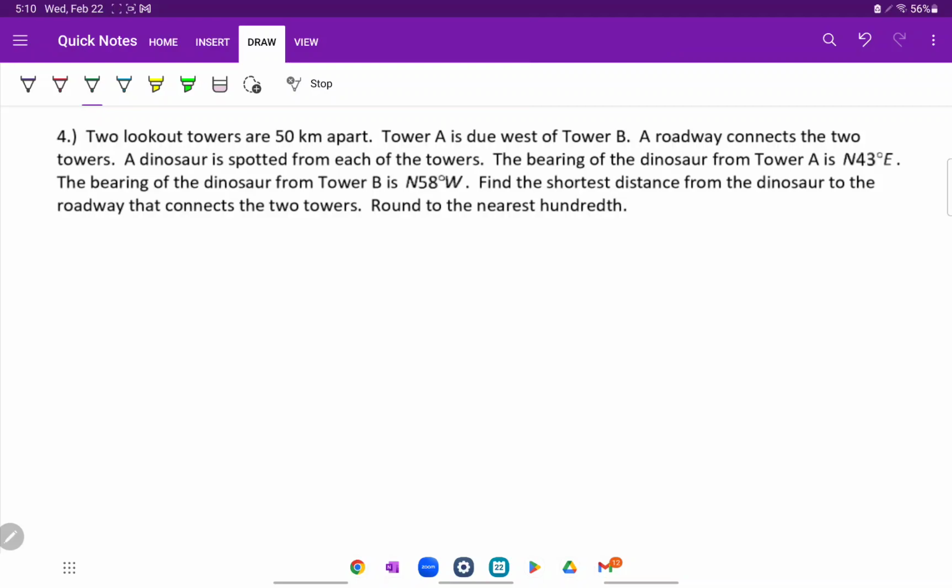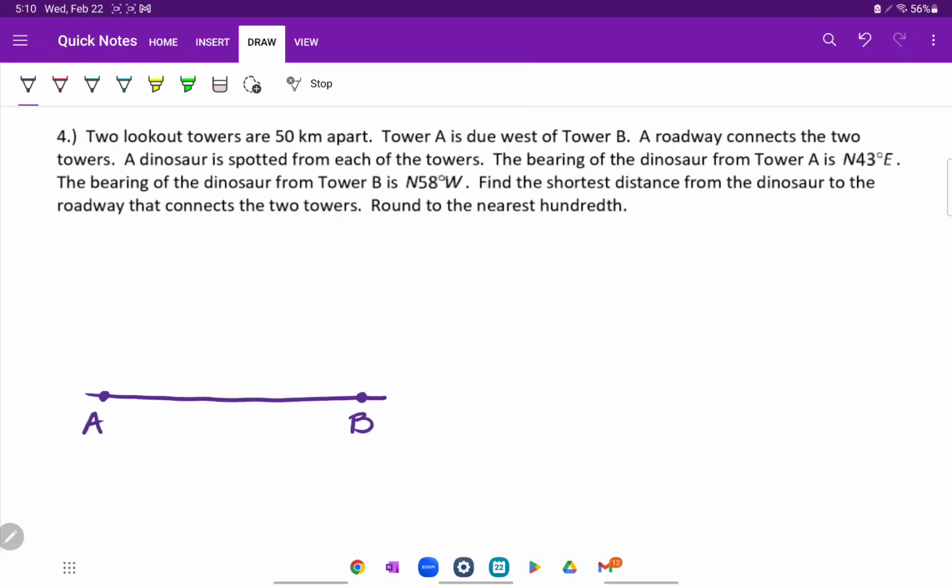In number 4, we have 2 lookout towers that are 50 kilometers apart. Tower A is due west of Tower B. So I can already start with my diagram a little bit. There's my A and my B. A roadway connects the 2 towers. A dinosaur is spotted from each of the towers.